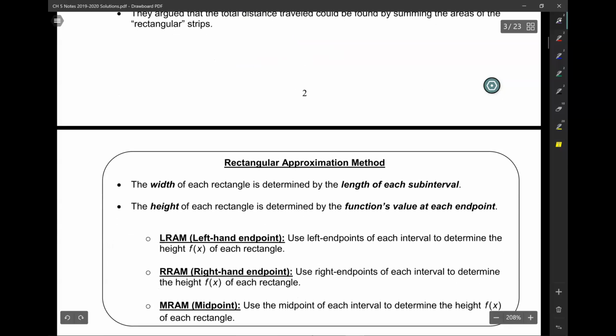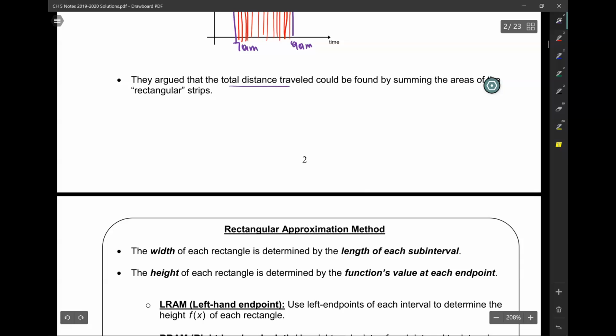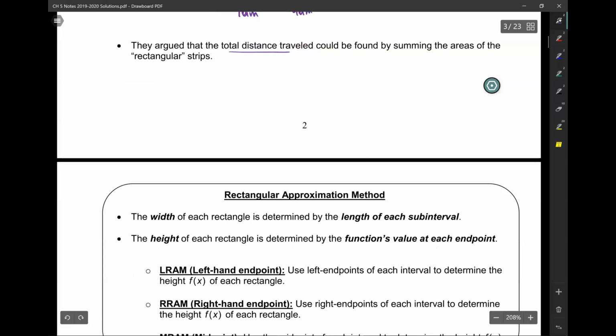Okay. So they argue that the total distance could be found by summing up the areas of the rectangular strips. So what we're going to do is area equals base times height for every single rectangle. And so how do I find the base? That's the length of each rectangle on the x-axis, or the t-axis.